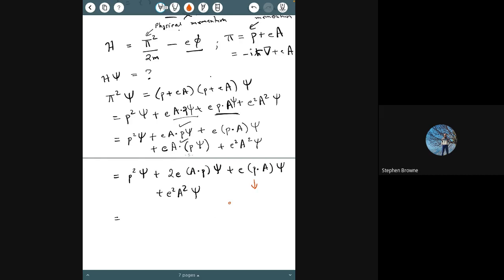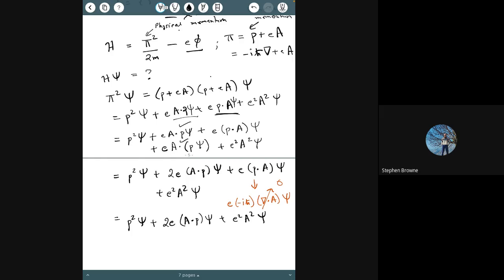This is E, you have minus i h-bar times divergence of A psi, and this is 0. So I reduce one term here, and I am left with 3 terms: P square psi, 2E A dot P psi, and E square A square psi. I got rid of one by using the Coulomb gauge condition.